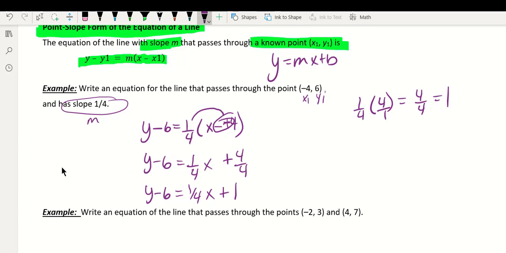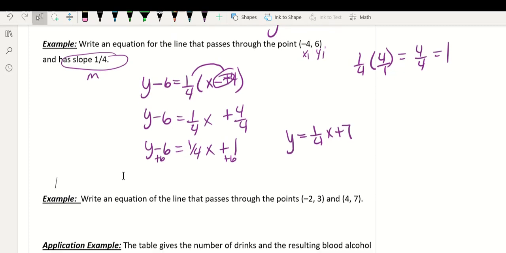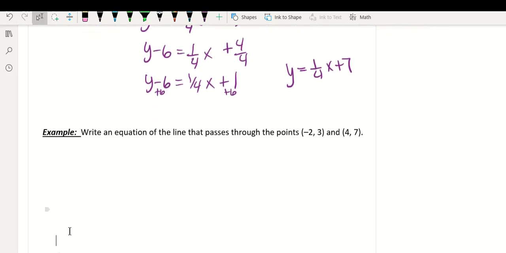Still not in total slope-intercept form, so we'll add 6 to both sides, and y equals 1/4 x plus 7. Okay? So this is what happens when you're given a slope and an ordered pair that it passes through. Now, if we do one more example, in my next example, I'm giving you 2 points and no slope.